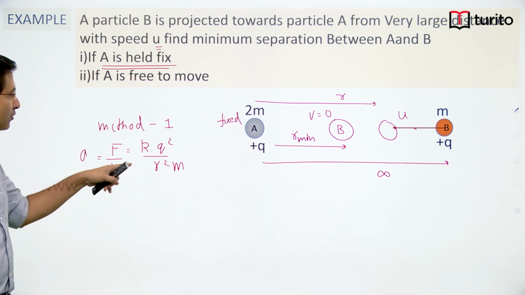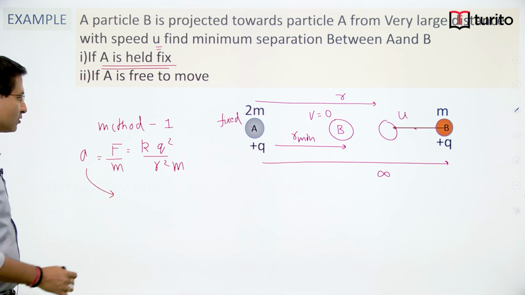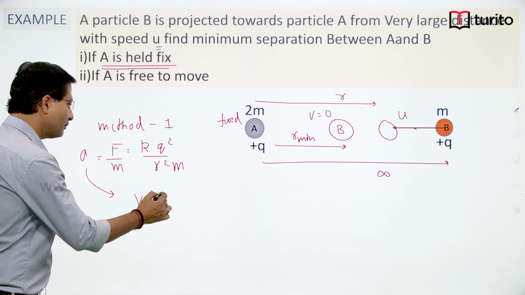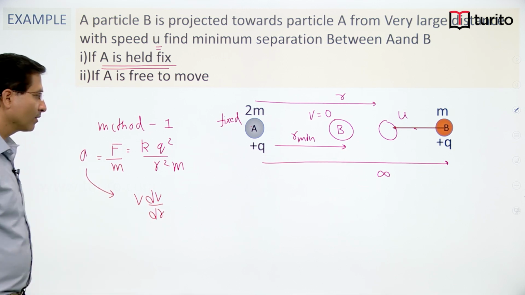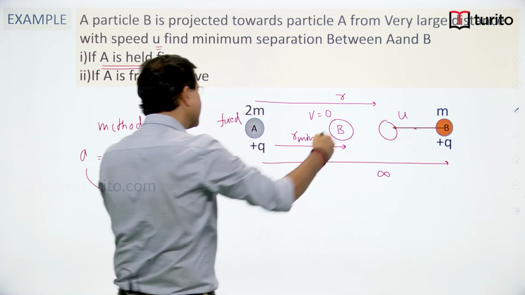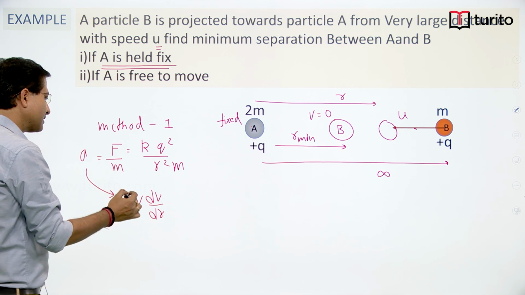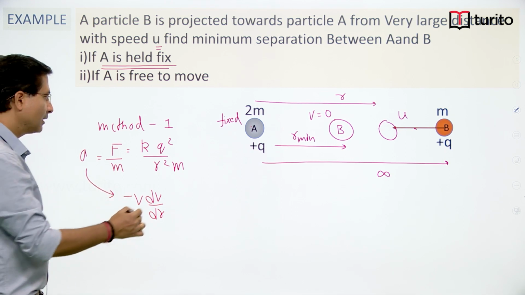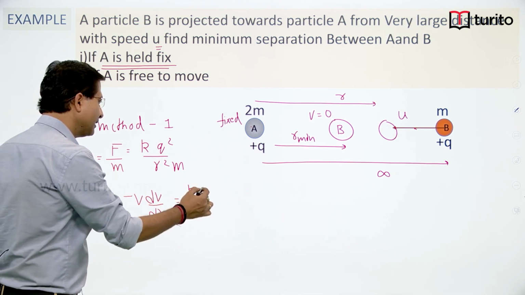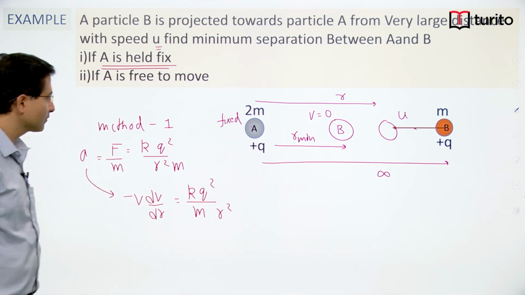right. So, now you got the acceleration and here you can write it this way, a is equal to v dv by dr. As velocity decreases, this is deceleration, we will put a minus sign over here, and then on this side I can write K Q square divided by m r square.